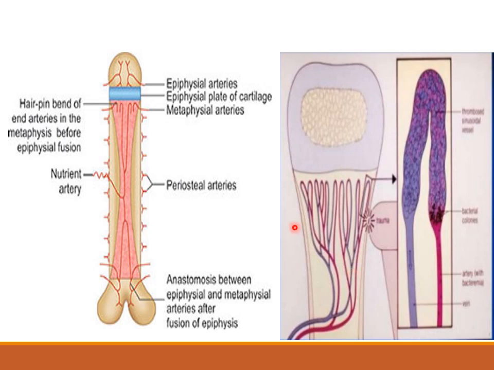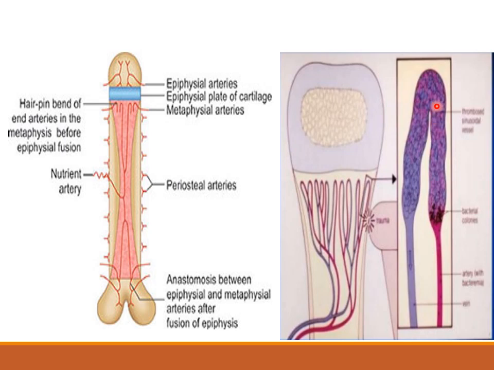So here you can easily understand how the hairpin loops look like. As I have told you, the metaphyseal arteries, because of the presence of this cartilage, show that bend. So these bends, which you can see, are making the hairpin loops. These are called hairpin because they resemble the hairpins as used by the girls.